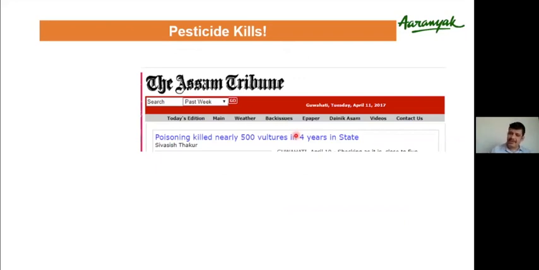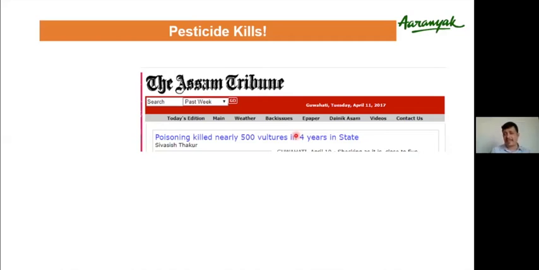Subsequently, in 2018 another countrywide survey was conducted, and it showed that diclofenac is almost wiped out from the Indian market and from the cattle management system. In Assam too, diclofenac is almost gone from cattle treatment.